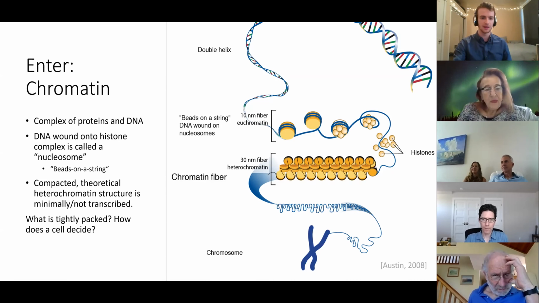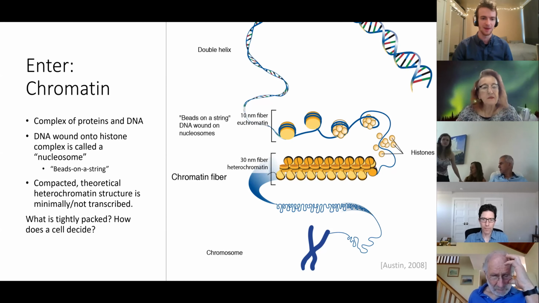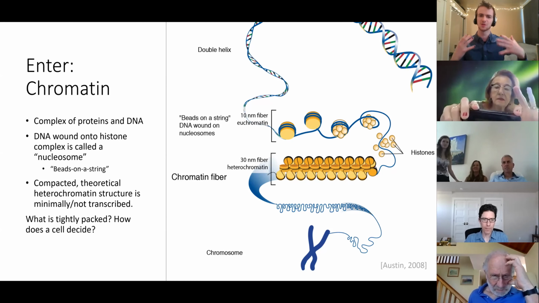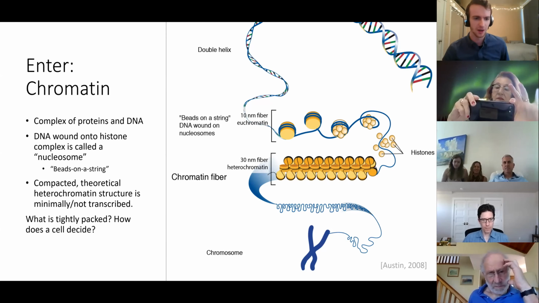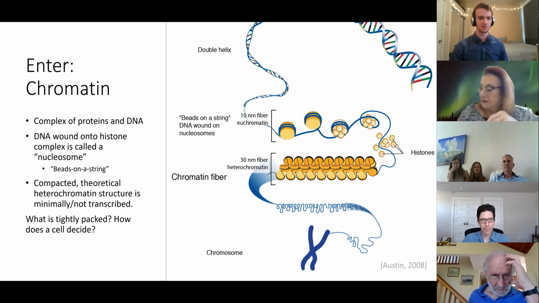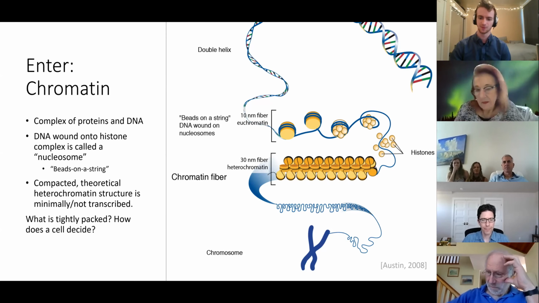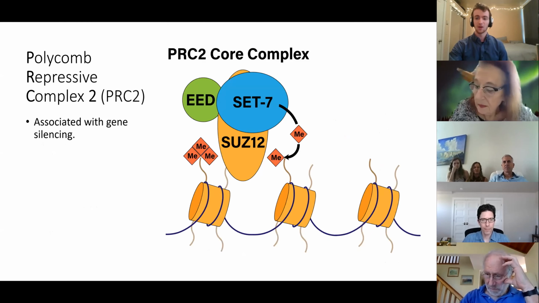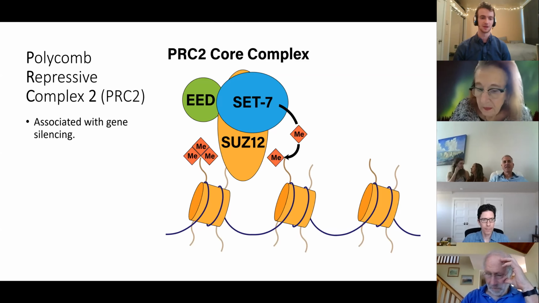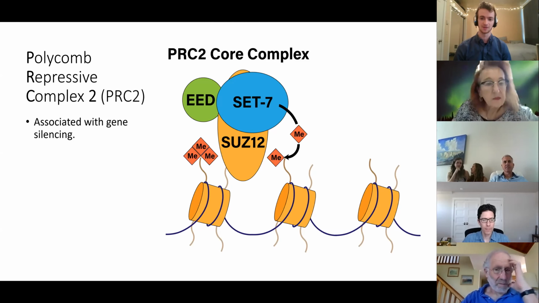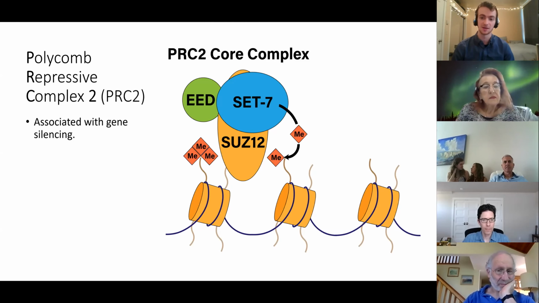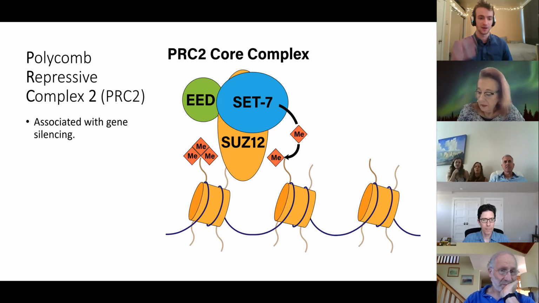So how does the body decide which bits of the genome need to be tightly packed and which need to be freer to be transcribed and make the machinery that we need at a given moment? Well, one of the ways we regulate chromatin is through histone modifications facilitated by many different complexes of proteins. Of particular interest to me is the polycomb repressive complex 2, as you can see in this image.